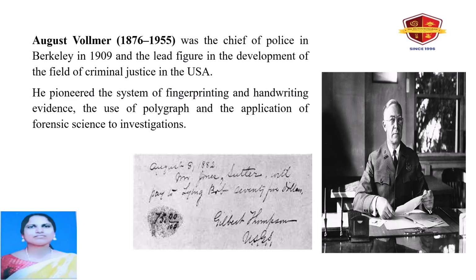Next is August Vollmer, 1876 to 1955. He was the chief of police in Berkeley in 1909, and he investigated crime using fingerprint and handwriting evidence.